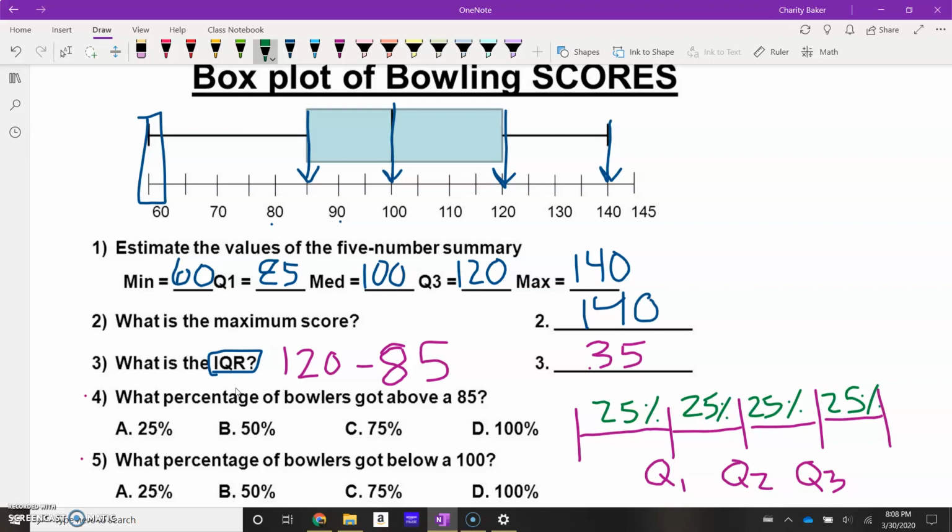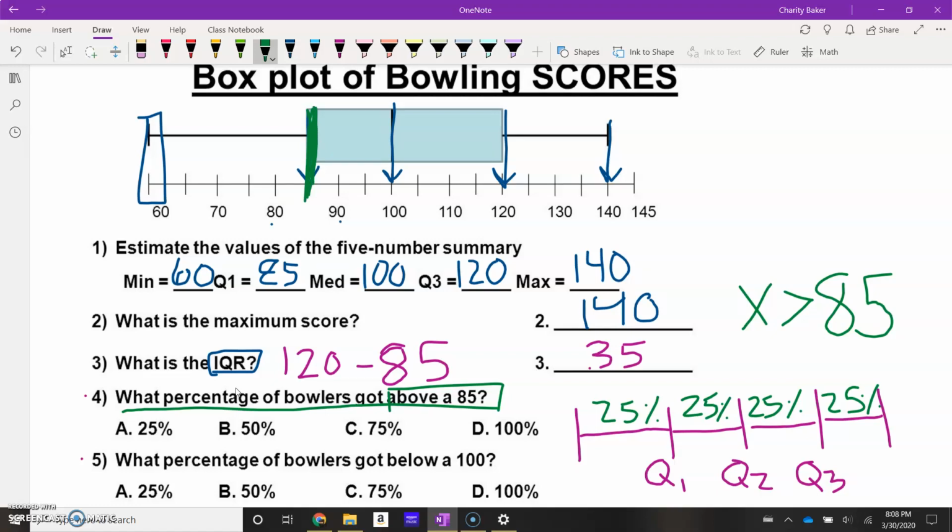Okay, so the question says, what percentage of bowlers got above an 85? Above 85, that's going to be our numbers bigger than 85, right? X is bigger than 85. So what is 85? Well, 85 is Q1, right?